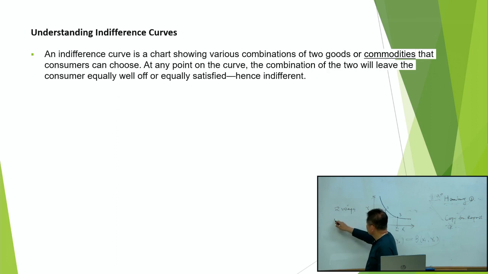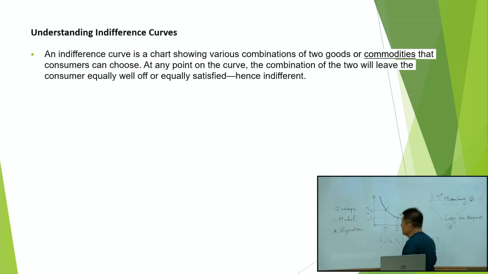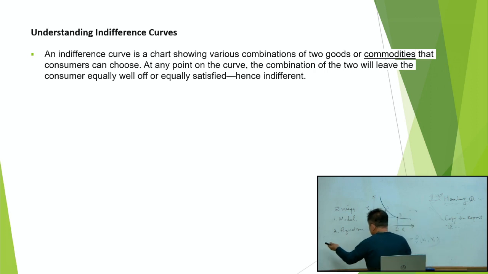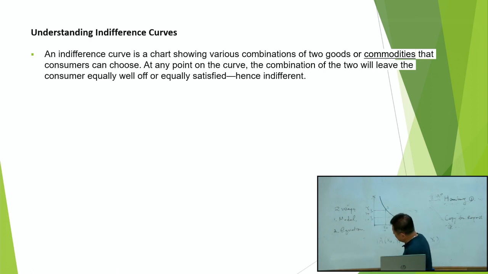The first is the model. The second is the equation. Most economists explain, research, develop, or gather knowledge through the model methodology or the equation methodology. As I say, we don't have any other way.